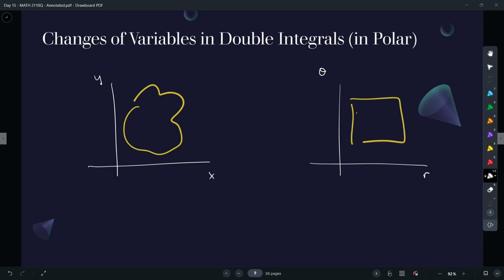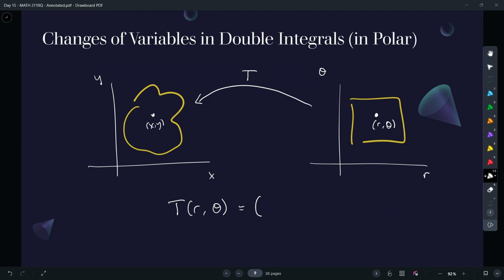And what we're doing is a map that goes from here to here that we're going to call T. And the map is the following. For any point here that is given by an r and a theta, it's giving me a point here that it maps to. And we remember that x, so this is going to be x, y.